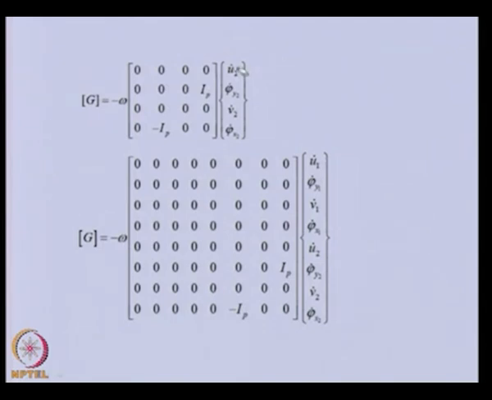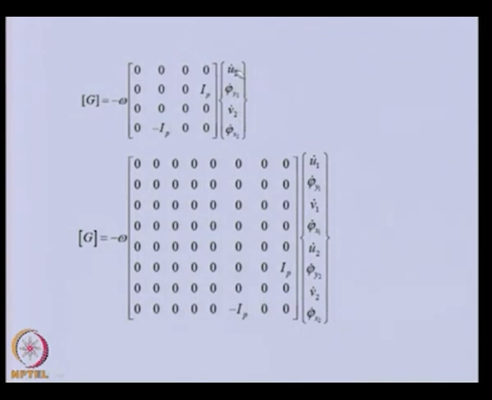So, in place of x we are using u, in place of y we are using v. You can see that the previous equation of the gyroscopic matrix will take this form. The change takes place because of the change of the order of these variables.